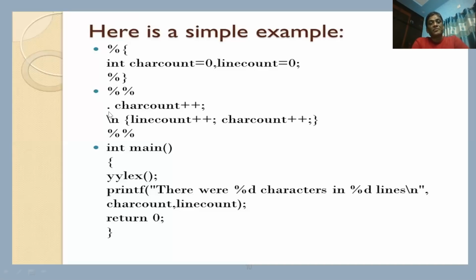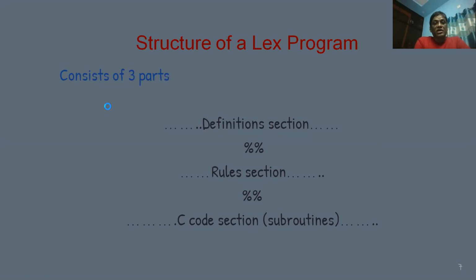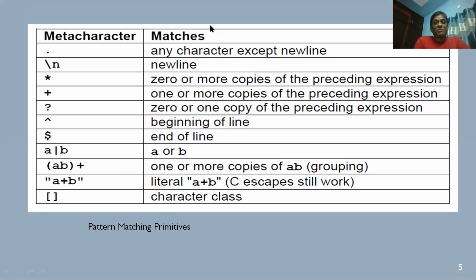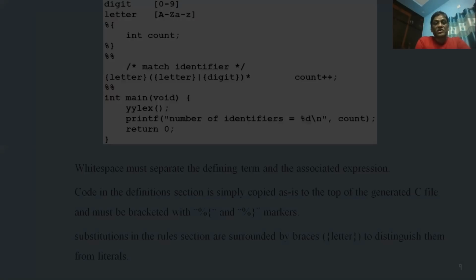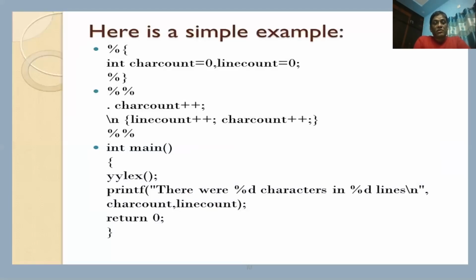And in the rules section, if you remember that table, the dot pattern indicates: match any character except the newline character. So if you find any character from the source program, just increment char count plus plus. Char count is initially 0, so whenever it matches with this dot, it increments the corresponding char count by 1.